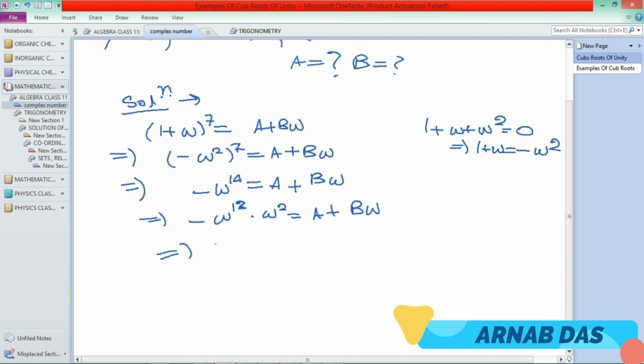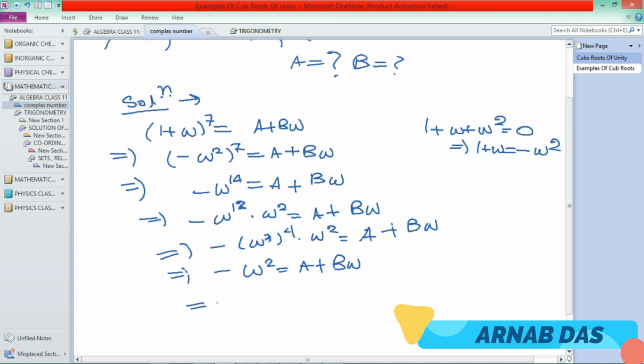So now guys, minus omega to the power 12 is also written as omega cube to the power 4 into omega square equals a plus b omega, and since omega cube equals 1 and 1 to the power 4 is 1, we get minus omega square equals a plus b omega. The question is not difficult.